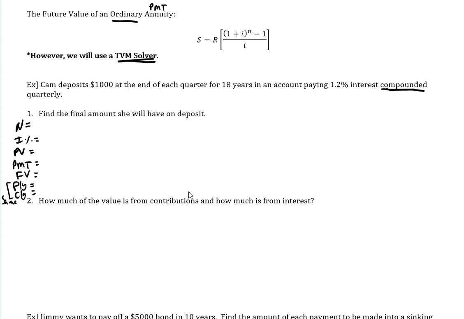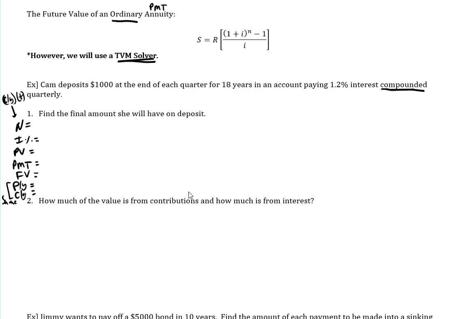That's the compounds per year or the payments per year. PMT is payment, PV is present value, I% is the interest rate, and for N we have to make a little note. Remember, N is your number of times compounded times time. It tells you the number of times something gets compounded.